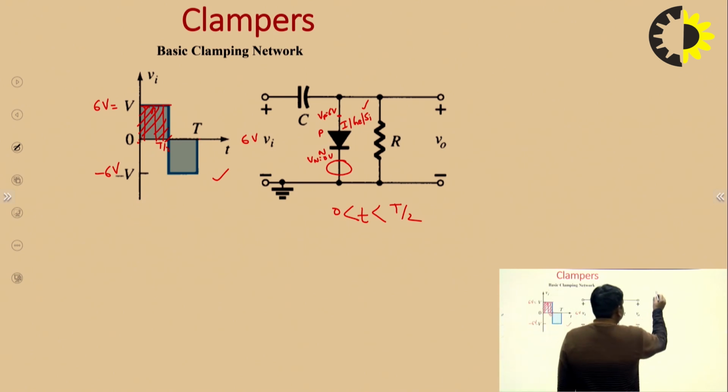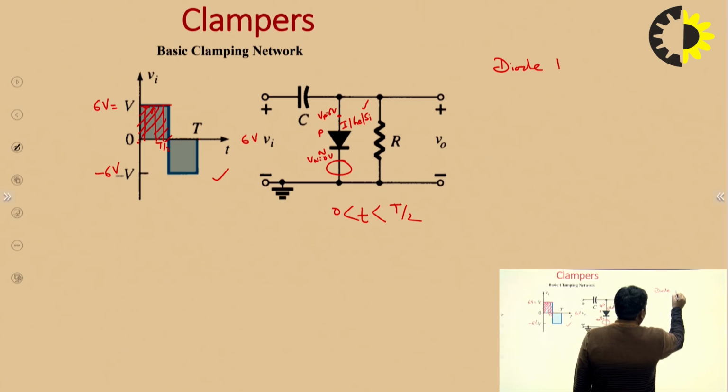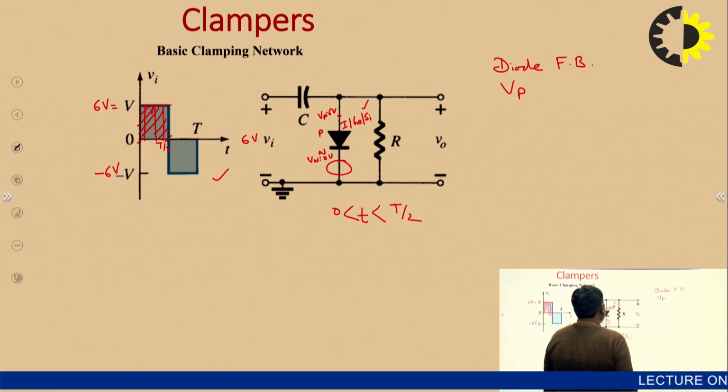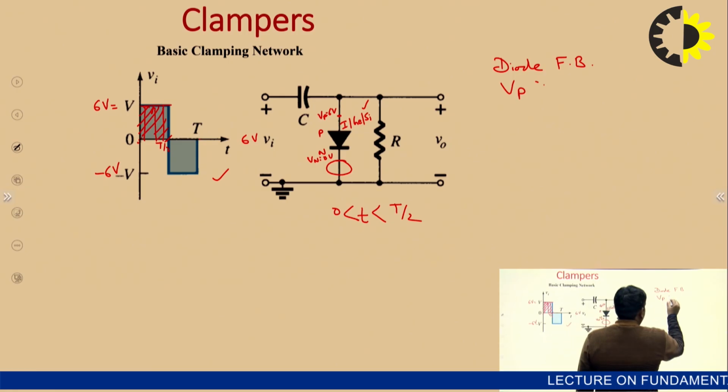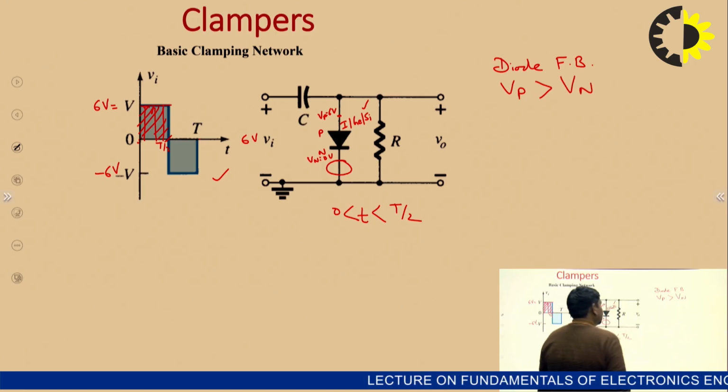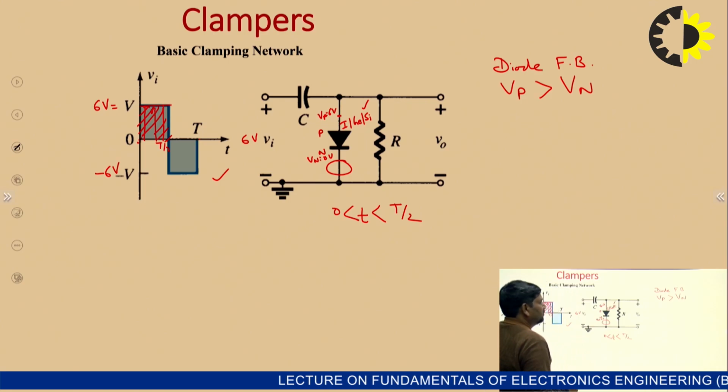We know that the diode is forward biased when Vp, the potential at the P type terminal, is greater than or equal to that of the N type terminal.